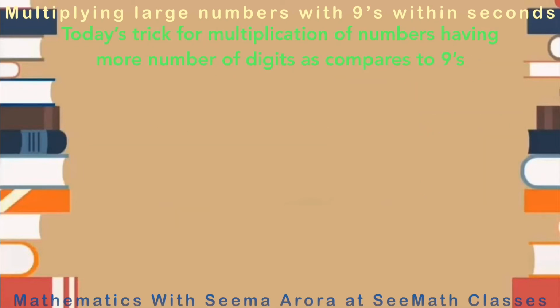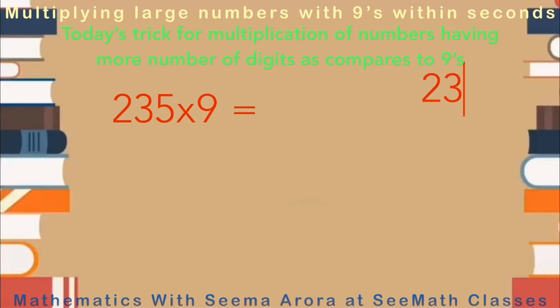Let us start today's trick. Here the method changes but becomes easier. The shortcut becomes even shorter. What we do is we count the number of nines in the second number and just write that many zeros after the multiplicand. Here it is obvious that 9 has one digit.